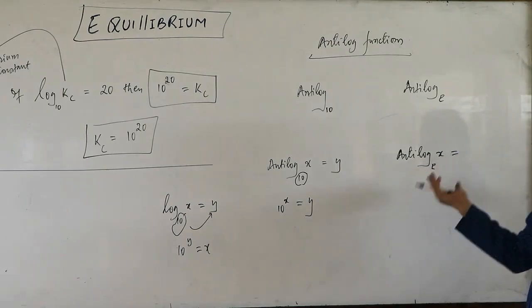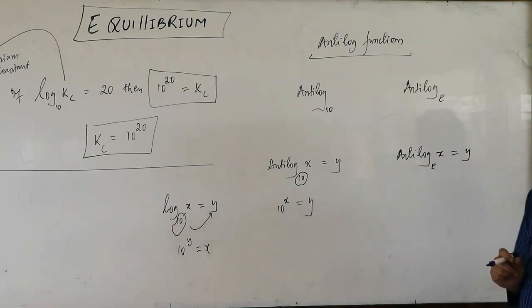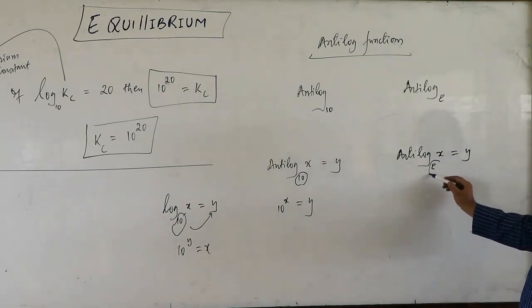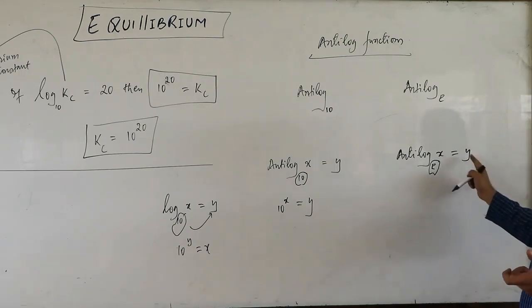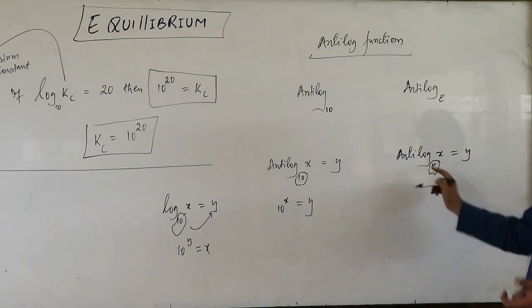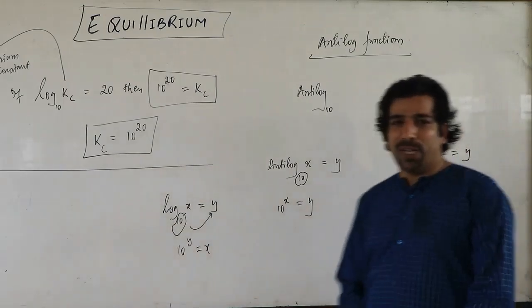You can use a and b also, it's your choice. Antilog of x is equal to y, let us suppose. Then what will be here? If it is the log with base e, then it will be e to the power y is equal to x. But it's again antilog. In antilog you have e to the power x is equal to y, my dear friends. I hope you have understood this thing.